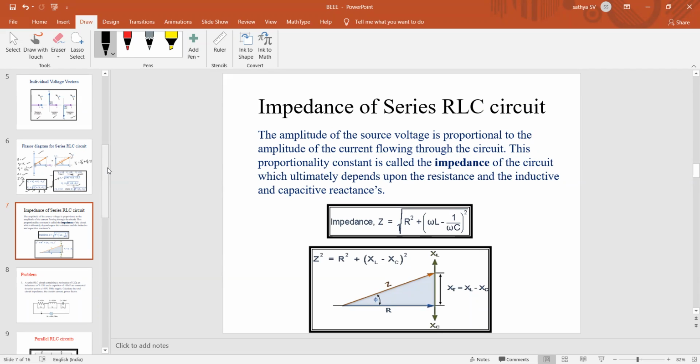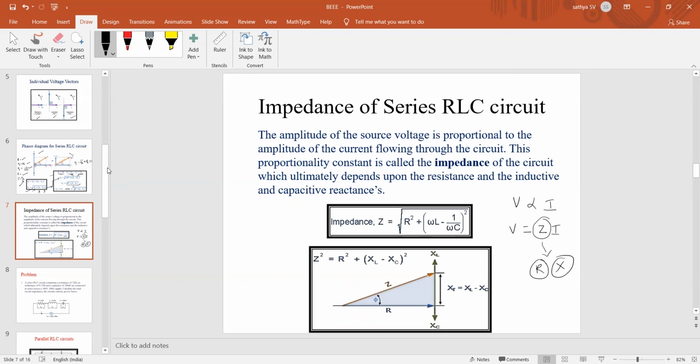The amplitude of the source voltage is proportional to the amplitude of current flowing through the circuit. What does it mean exactly? Voltage is proportional to current. If you remove the proportionality, we should keep one constant, that is your impedance Z, like your capital R, where Z is the combination of your real term and imaginary term, R and X, where R is the resistance and X is the reactance term.